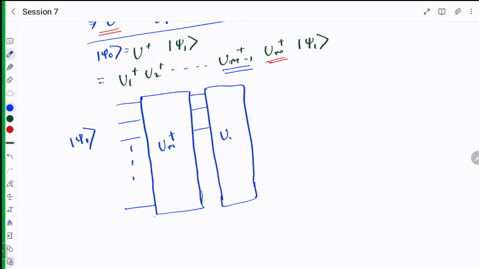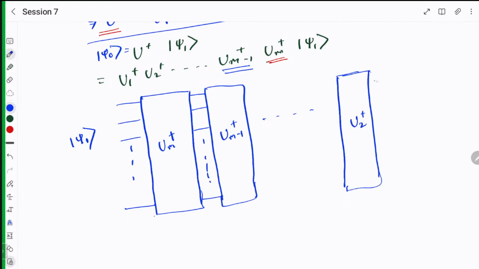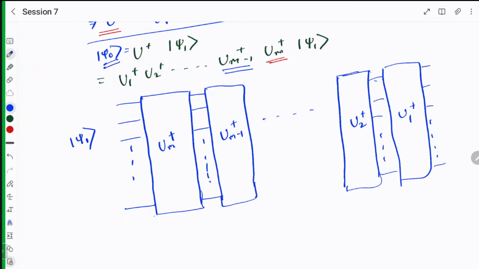In a similar way it will go to U2 dagger and finally U1 dagger. And at the end, you will get psi0.